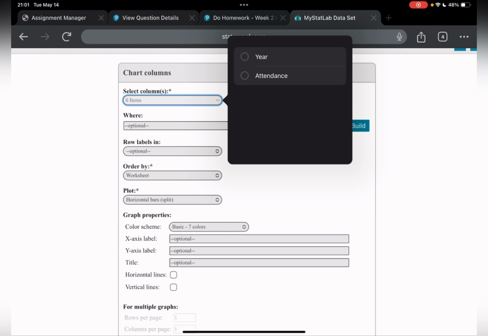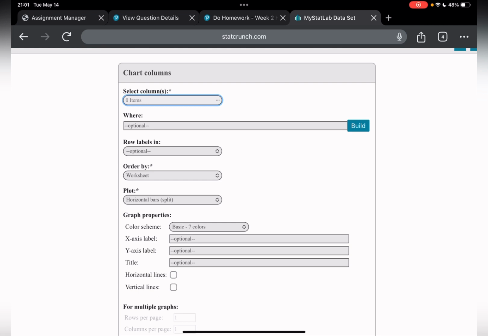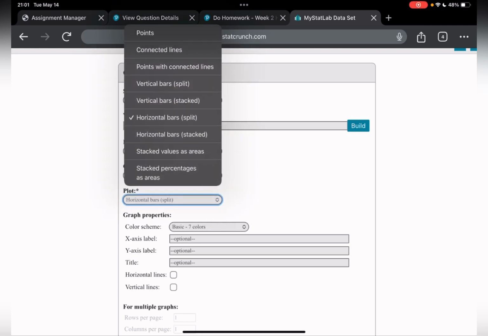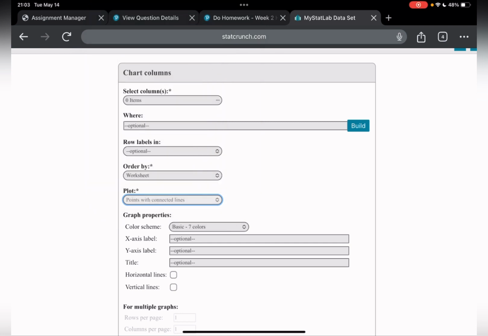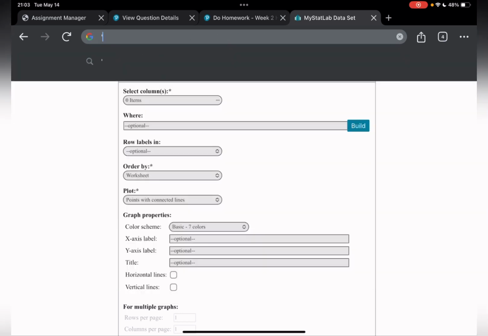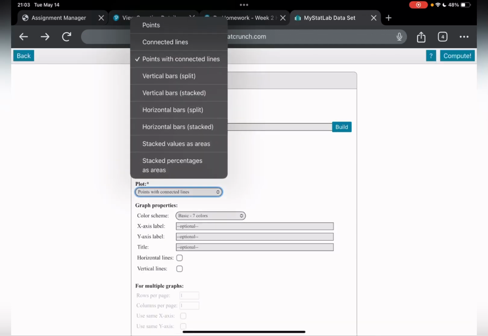Instead of year attendance, you will choose moving average. All right, and horizontal, instead of bar, you will choose lines, points with connected lines. And it will build the graph for you. All right? If not, I will help you.